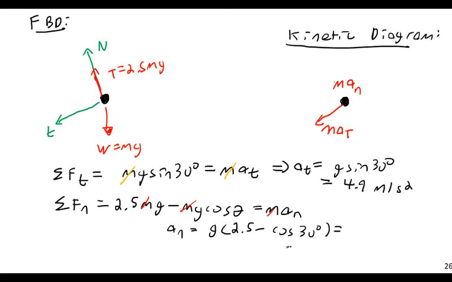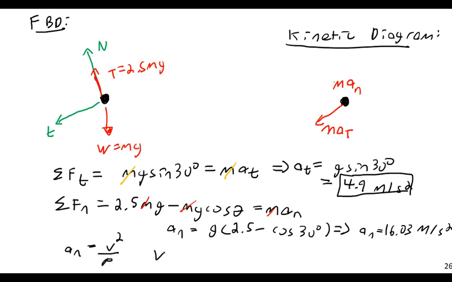So that's our first answer here. Our a_t is 4.9 meters per second squared, and a_n is equal to 16.03 meters per second squared. And then to get the velocity, a_n equals v squared over rho.